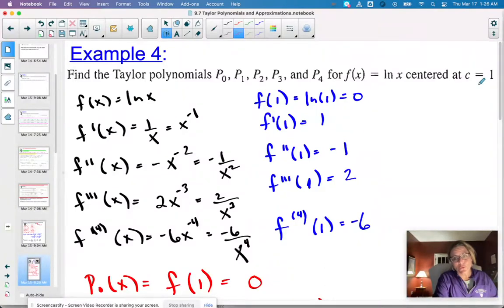But as we go further away from that, they're different. However, as the degree of our polynomial gets larger, the polynomial approximates the function very closely everywhere, not just at that c value.